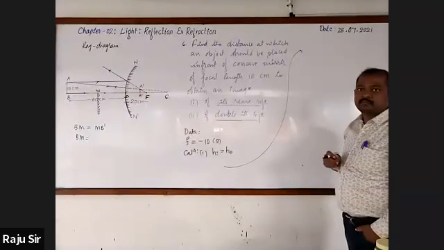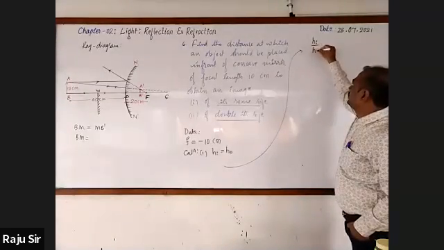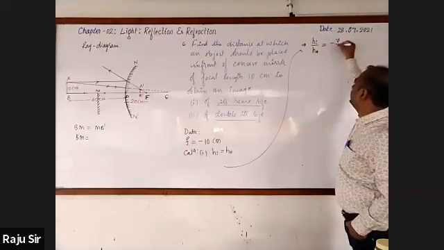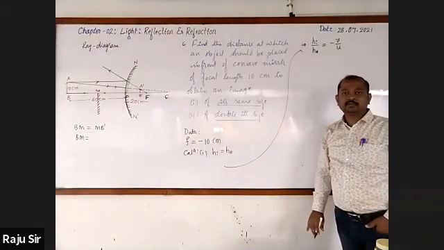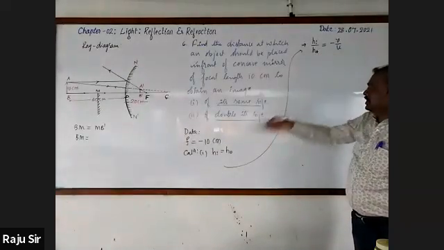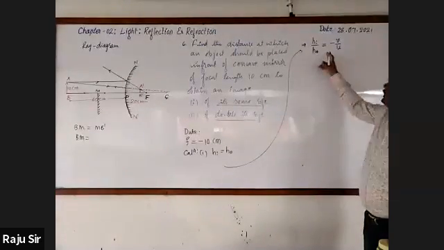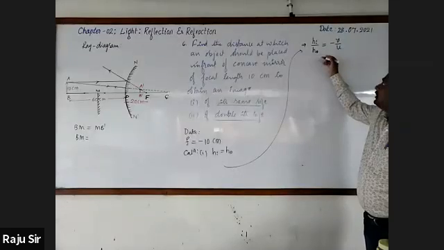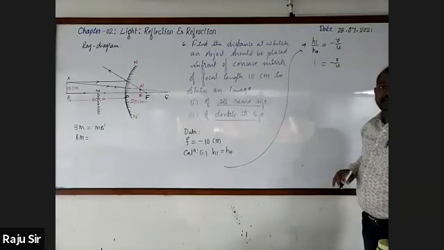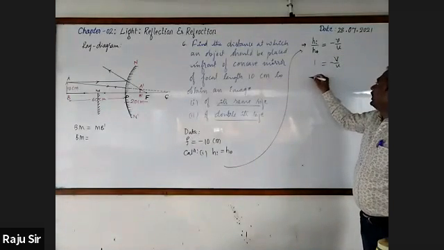Sir, calculating object distance and image distance. We all know that hi by h naught is equal to minus v by u, right? Then hi and h naught both are equal. If they are equal, then what will it be? One, sir. Then further, 1 by 1 is v by u. Then minus v is equal to u.